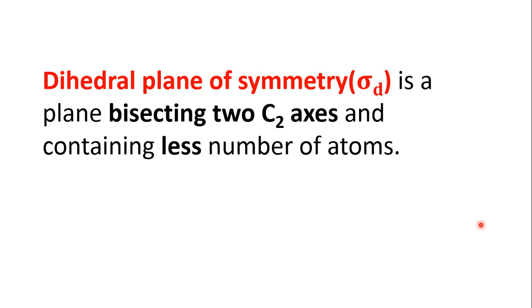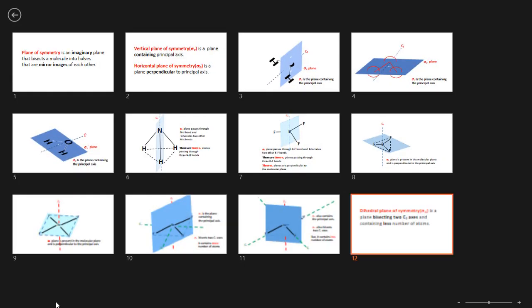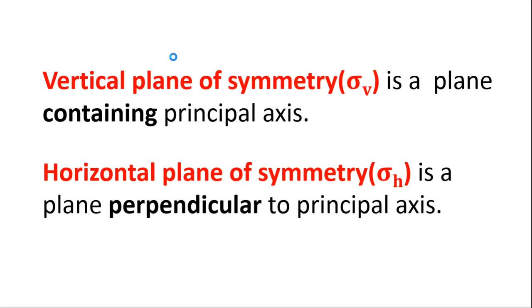So we have seen three types of plane of symmetry. One was sigma V, the vertical plane of symmetry, and it is a plane containing the principal axis.